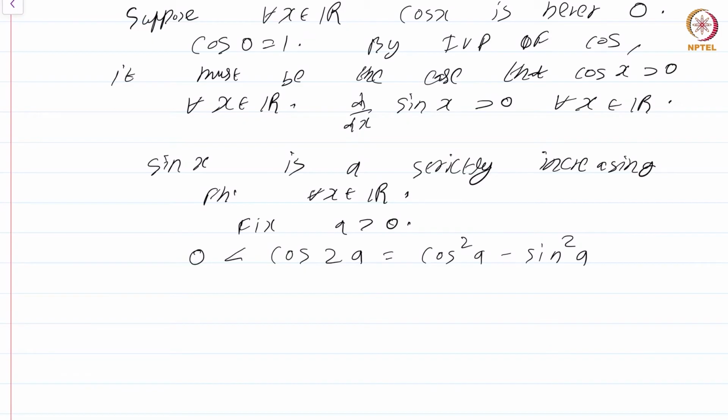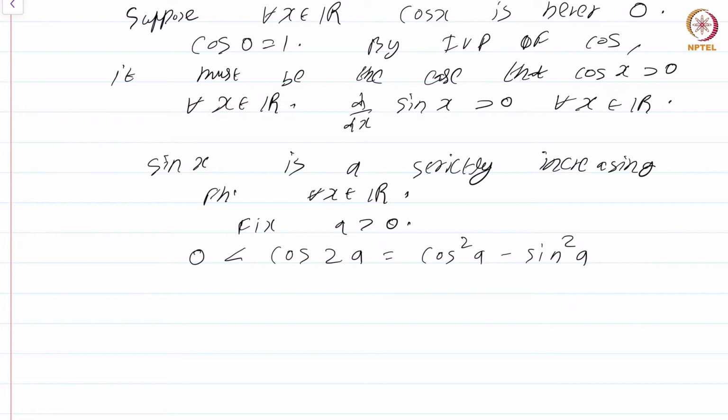We have also seen that if a is greater than 0, sin squared a must be positive, simply because sin is strictly increasing throughout R, and sin 0 is 0, so sin squared a is going to be a positive quantity.